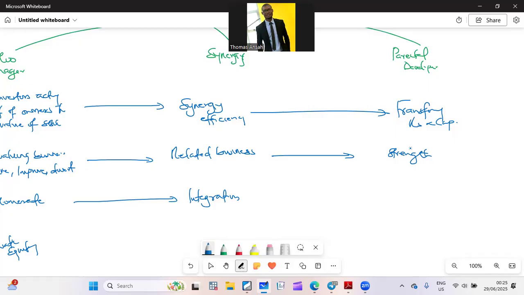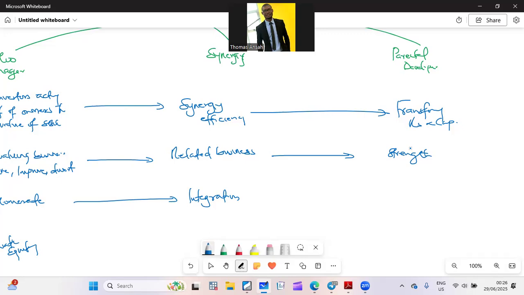Most often you will have some behavioral aspect of managers competing with themselves. That is basically what happens. But the parental developer comes to assist them and add value. Sometimes these things involve even outsourcing some people to come and help them. Okay, so that is it.